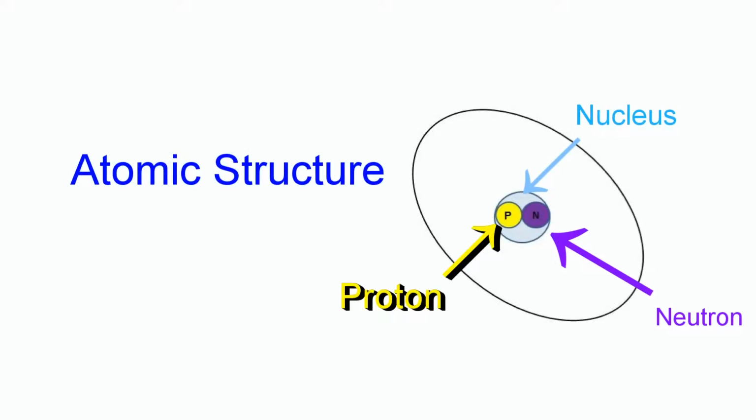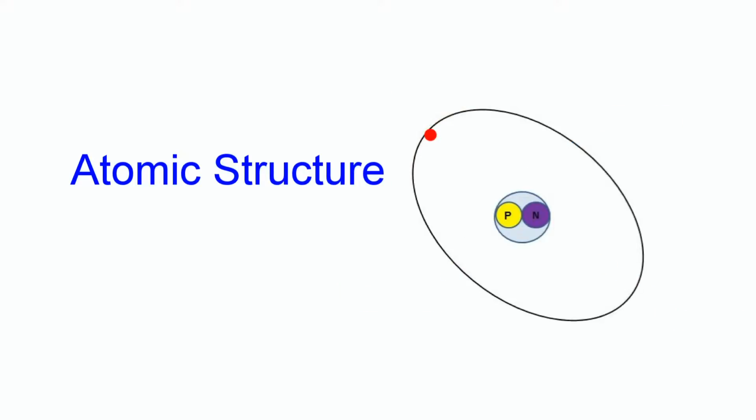Both the proton and the neutron are located at the center of the atom and make up the atom's nucleus. But the electron is located in an energy level that surrounds the nucleus, and it is constantly moving within this energy level, moving about the proton and neutron that are located at the center of the atom.